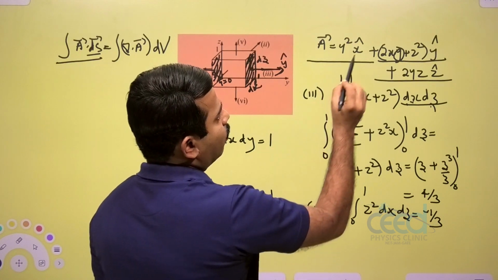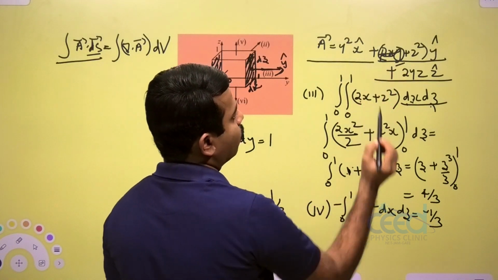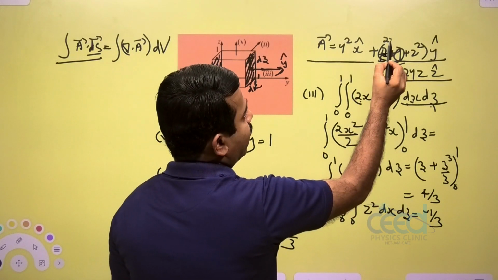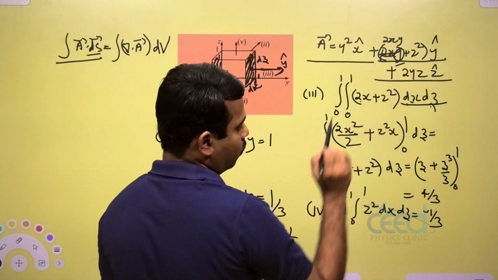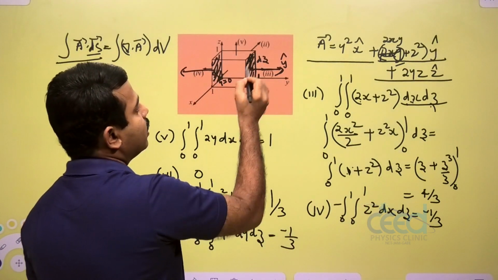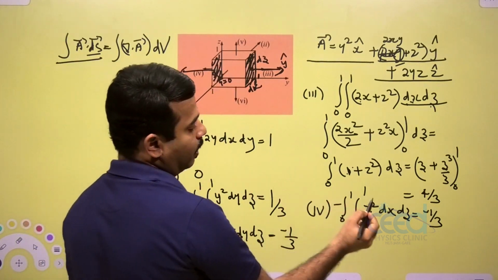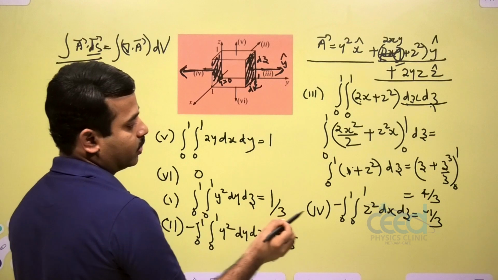So when I put y equal to 0 along y cap, this first term will be 0. This 2xy, with y equal to 0, means z square only. So z square, same dx dz area element. But there is a negative sign, as this area is projected in this direction.